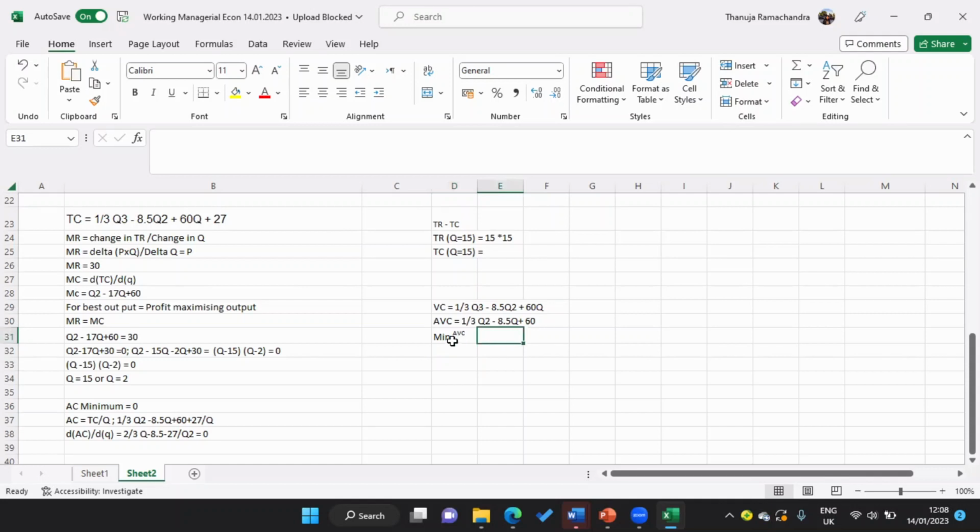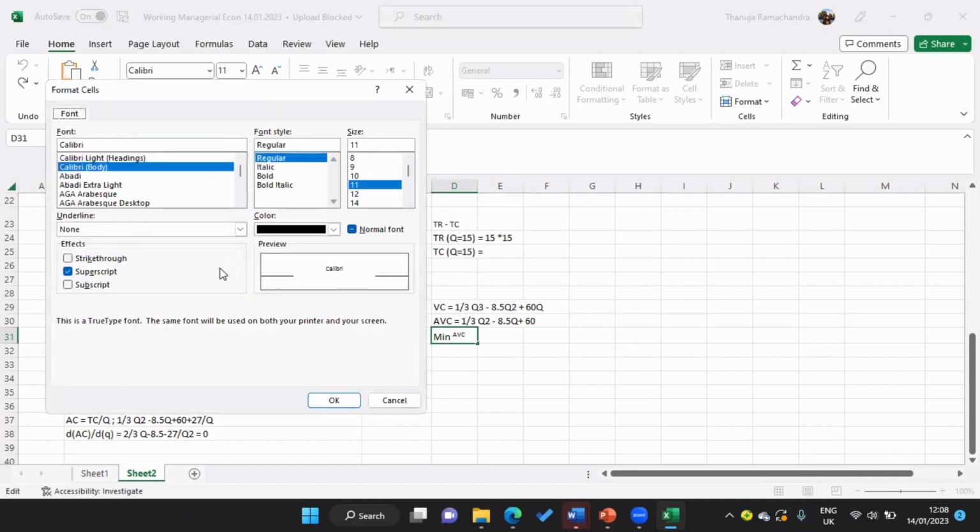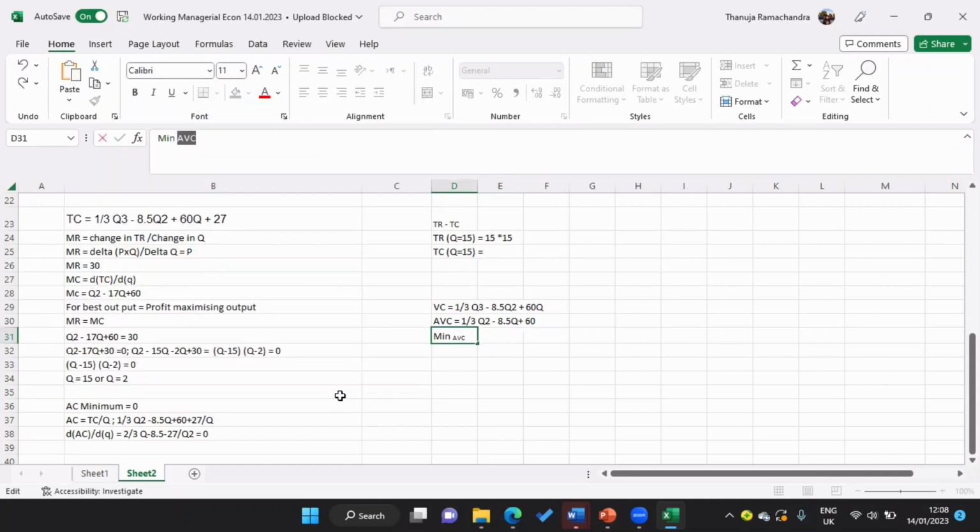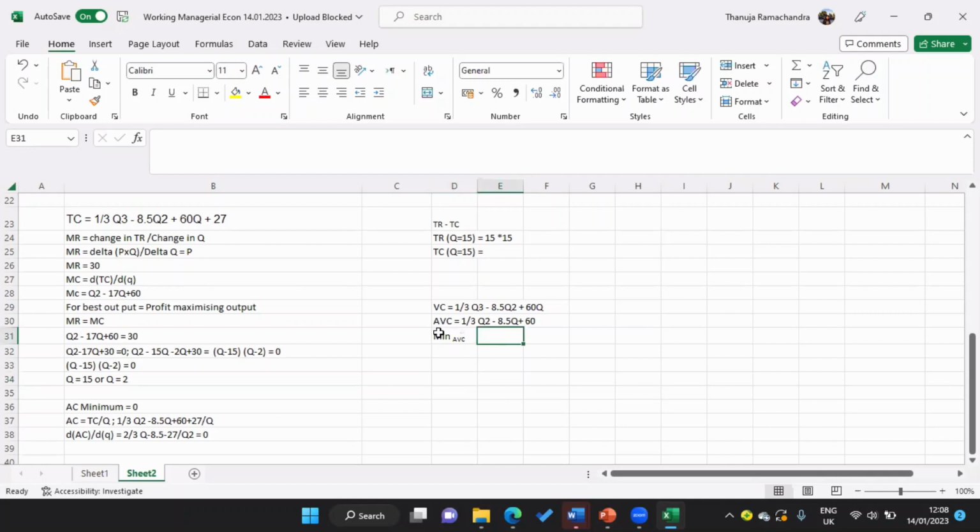So minimum AVC is reached when delta AVC, differentiated with respect to Q, is equal to 0.